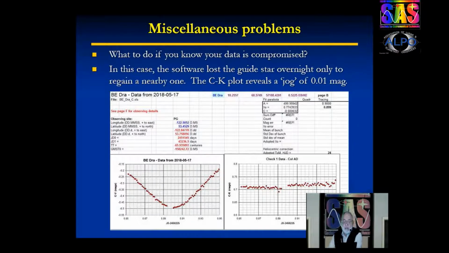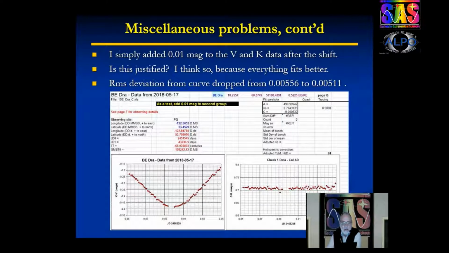Okay, so it's about 0.01 magnitudes. And so what I said was, okay, why don't I just add 0.01 to everything on the right? Okay, and now it fits better. It looks nicer. And the C minus K fits better. Is this legit? I have no idea. It looks nice.